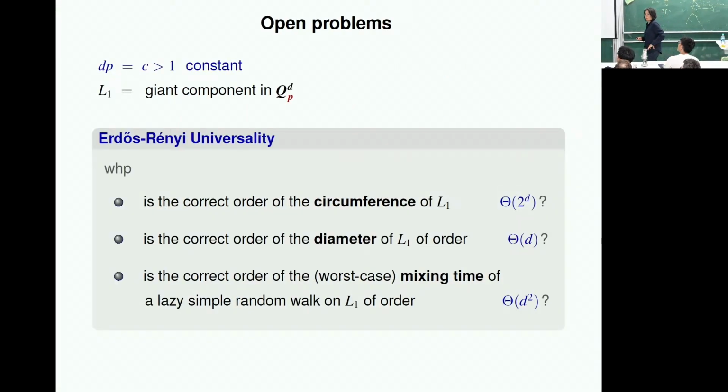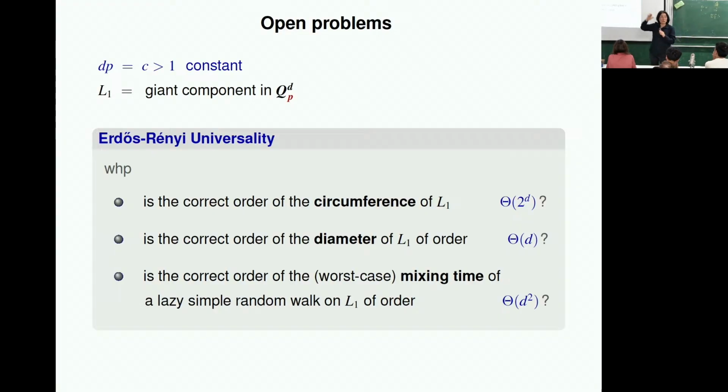Of course, a talk cannot finish without open questions. I pose the canonical candidate, namely, we return to the hypercube, where d times p is a constant larger than 1. With my colleagues, we could study when d times p is 1 plus epsilon, just barely supercritical.